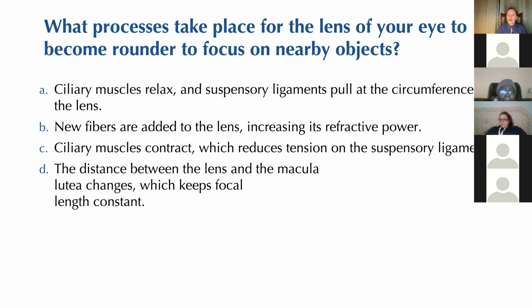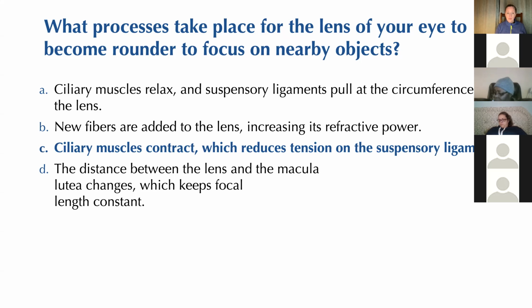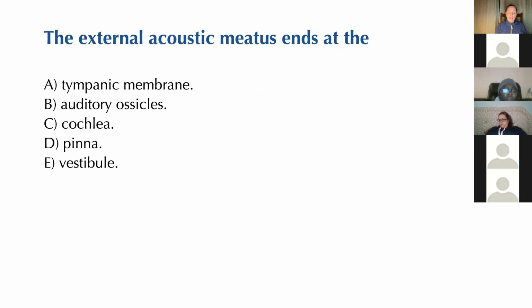Remember, for the lens to round up, the zonular fibers have to be loose. So it's going to be C. The ciliary muscles will contract, they move forward, and that reduces the tension on those zonular fibers. I know it's super counterintuitive. That's why we go over it so much. It's really, really highly tested.